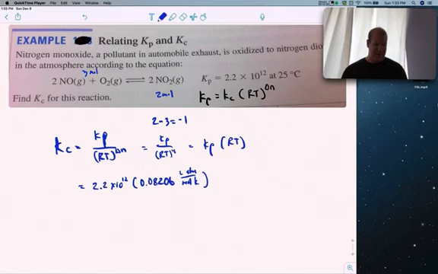And the units on the Kp are going to be, let's see here, 1 over atmospheres, right? So 1 over atmospheres, and then RT, temperature 298 Kelvin.